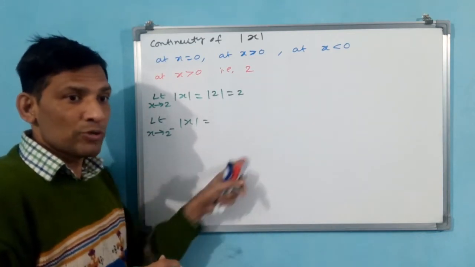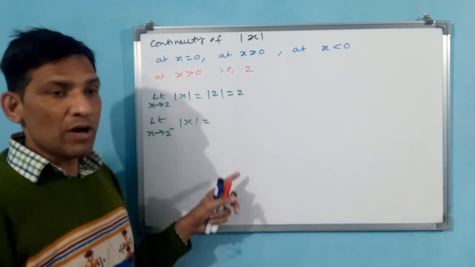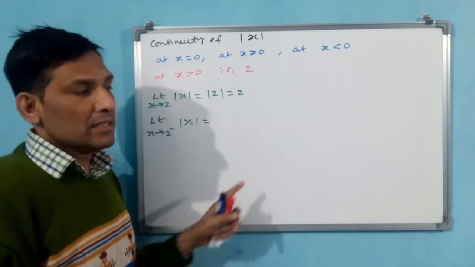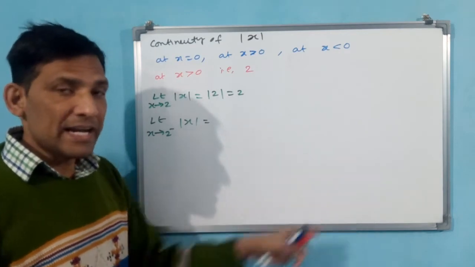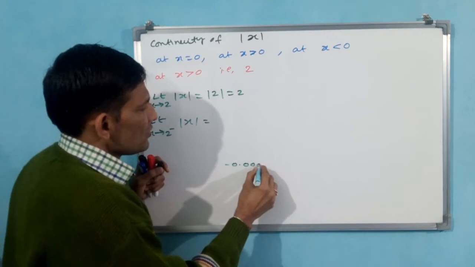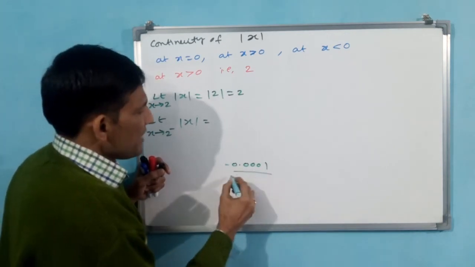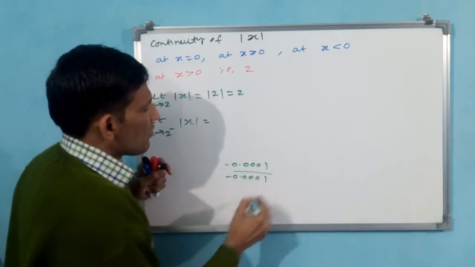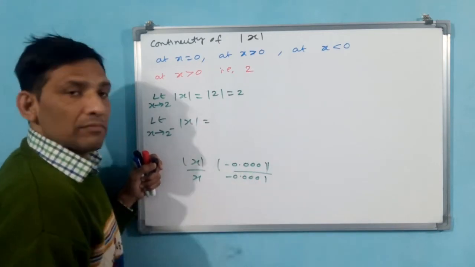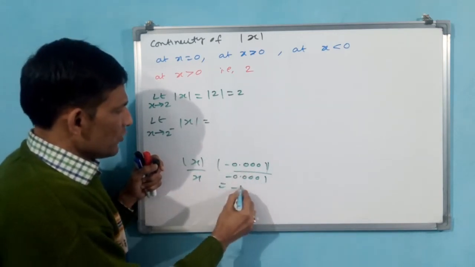At that time you should not give 0 by 0. You are going to give minus c by minus c for the left hand limit, plus c by plus c for the right hand limit. Because whatever it may be, a change of minus 0.0001 divided by minus 0.0001 will come if modulus x by x comes. Then finally this is going to give minus 1.